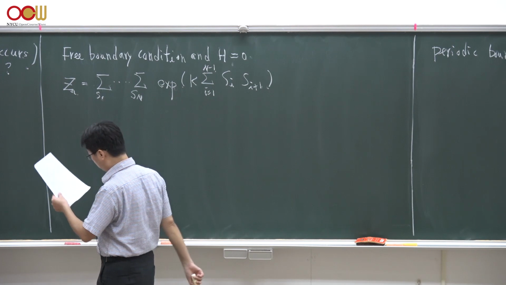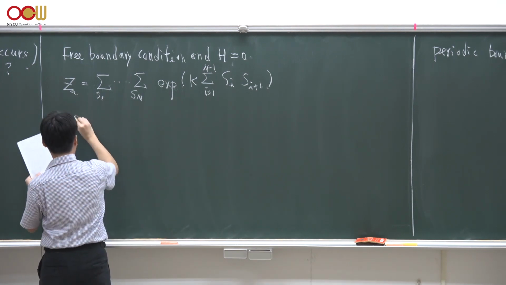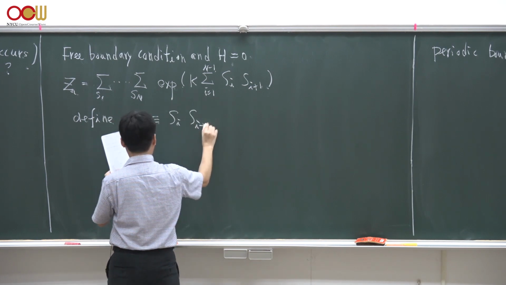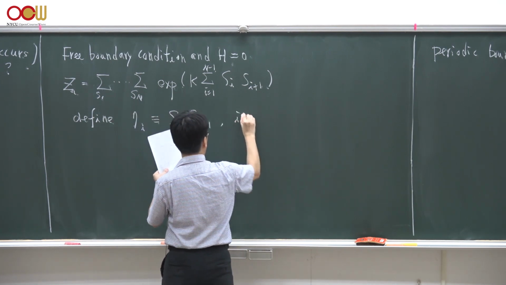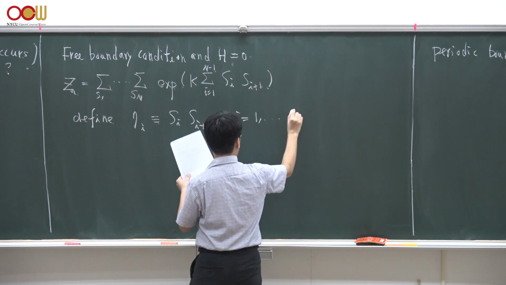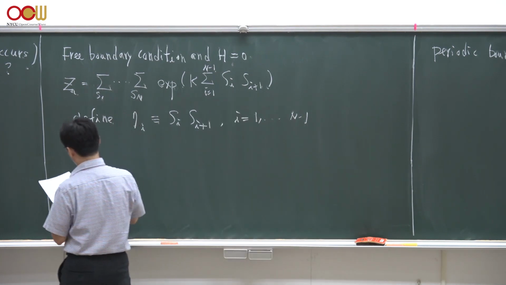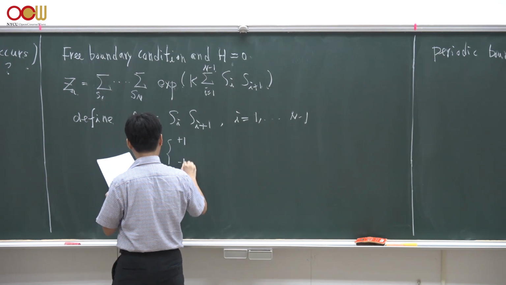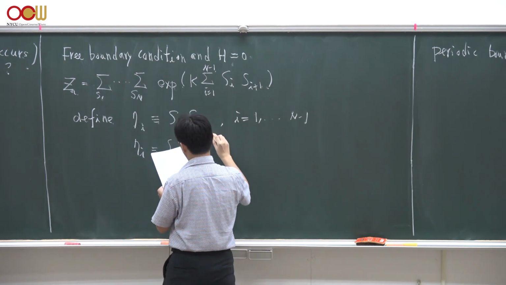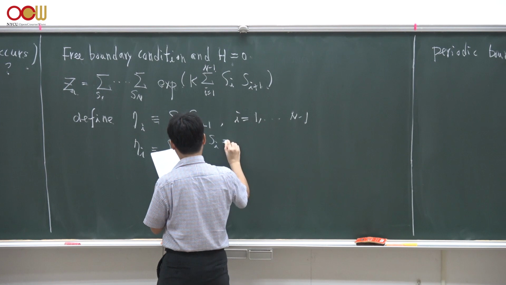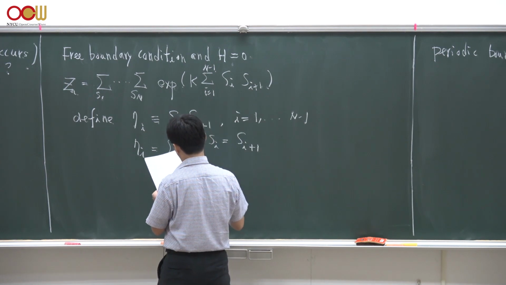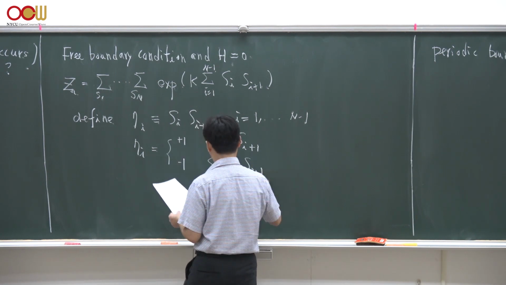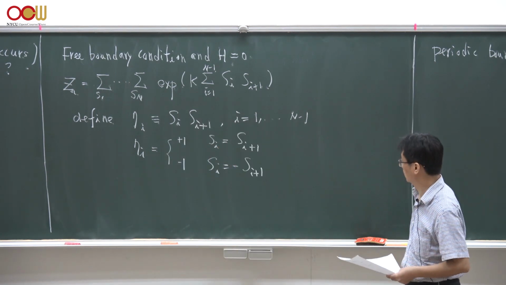And to more conveniently make progress, we define a parameter eta_i, which is the product of these two Ising spins on neighboring sites, where i runs from 1 to N minus 1. This eta_i can take two values: one is plus 1, another is minus 1, depending on whether S_i is the same as S_(i+1) or has a minus sign relative to the neighboring spin.